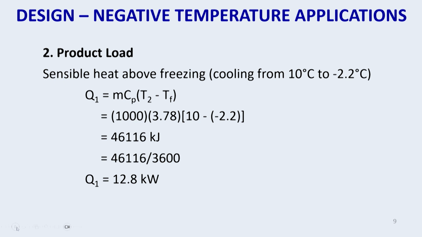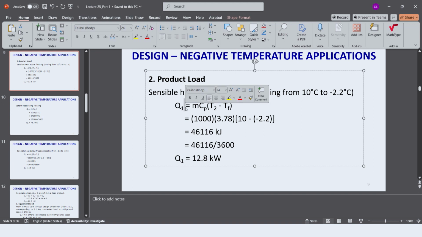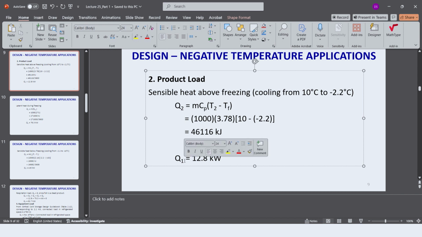Q1 is not known, so let us take this as Q2, otherwise this will be confusing. Because Q1 is from temperature T1 to T2, Q2 is T2 to TF.